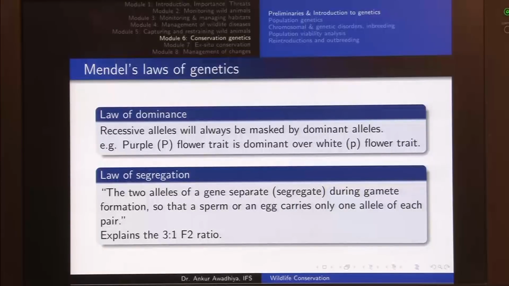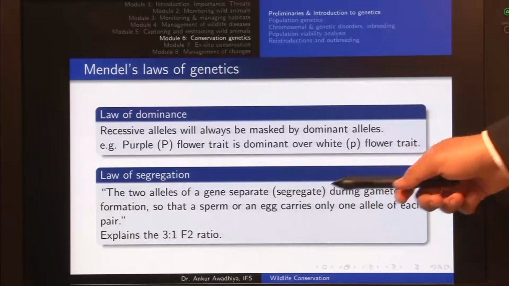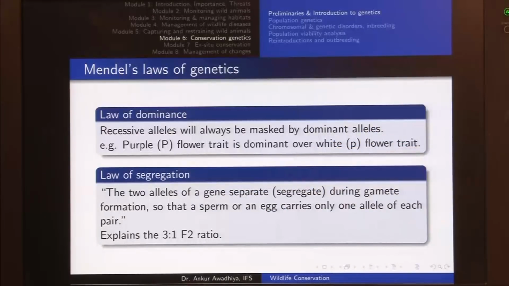So the two alleles of a gene, in this case capital P, separate or segregate during gamete formation. Both of these become separate, and a sperm or an egg carries only one allele of each pair. It does not carry both the alleles, it does not carry 0 alleles, and this explains the 3:1 F2 ratio.